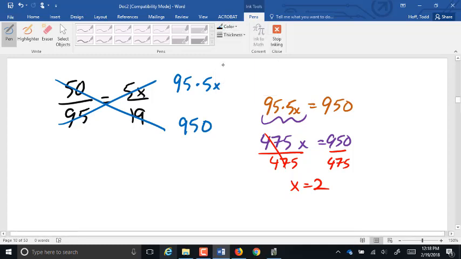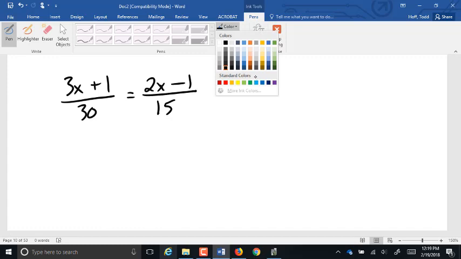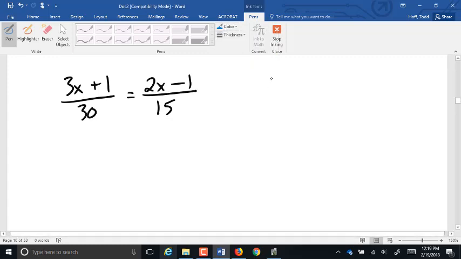I know I kind of rushed through those last examples because we're a little short on time. I'm going to slow down a bit on this next one. We might have something like 3x plus 1 over 30 equals 2x minus 1 over 15. Now here again, we're going to cross multiply.